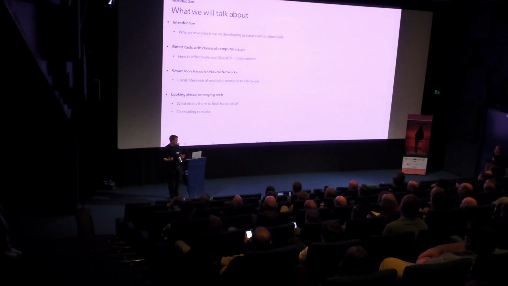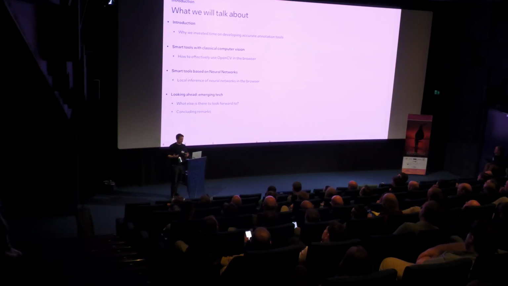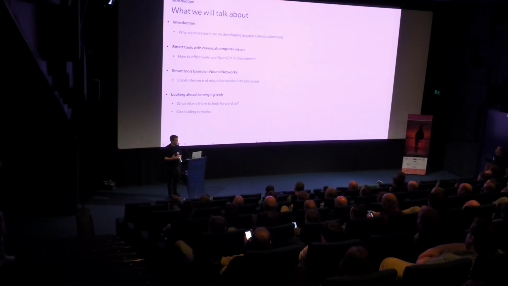So now, what will we talk about? I gave a quick introduction about why we invested this time in this. I will quickly show the manual tools, and that gives you an indication of how boring it is to do it with the old tools. Then I will show you how we applied classical computer vision algorithms using OpenCV. OpenCV is a library that's very well known in the computer vision communities for doing any vision kind of tasks.